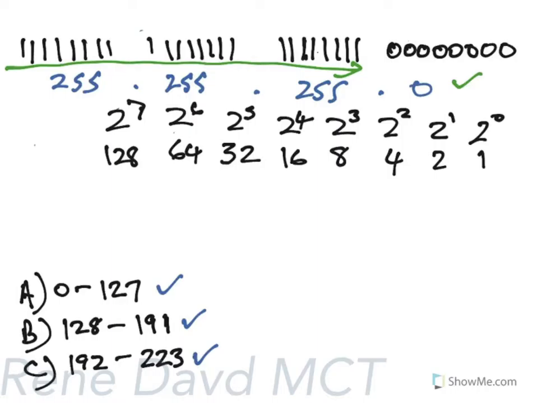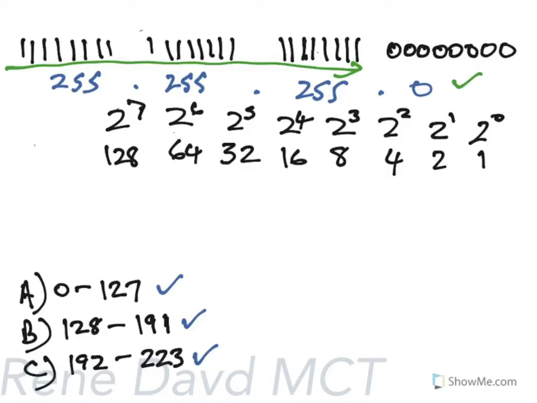It's very important to understand that the first and the last address are reserved for special purposes. The first address in any network identifies the network itself, and the last address in a network is the broadcast address for that network. So essentially, we can't assign those to any hosts.